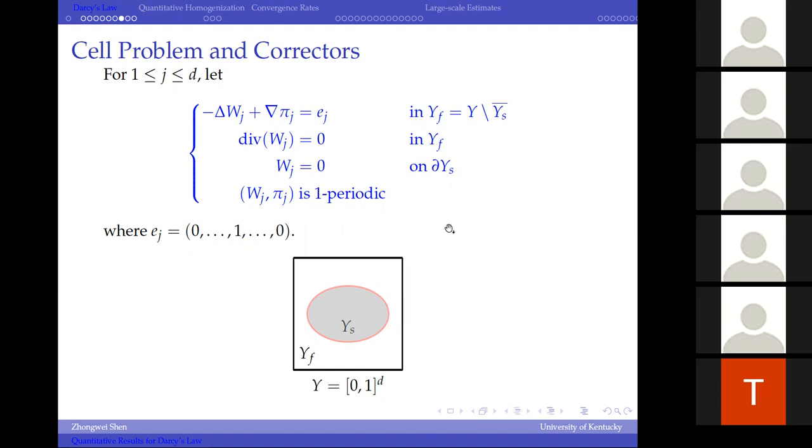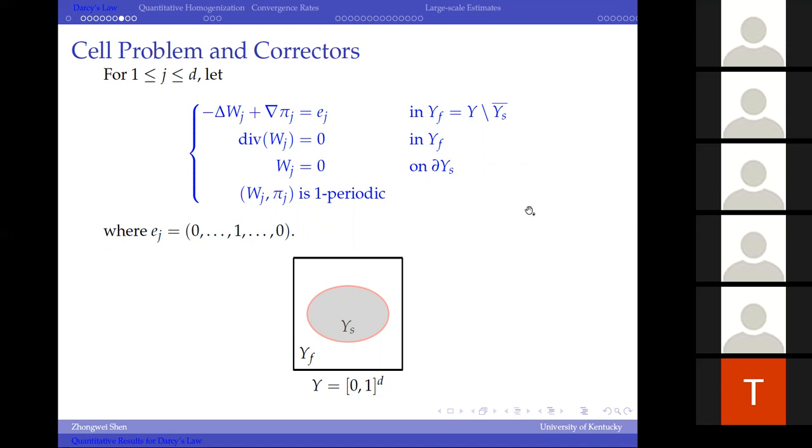You have a unit cell Y, you remove an obstacle, and you solve the Stokes equation with the right-hand side e_j, that is the unit vector, divergence of w_j is 0 in the fluid part, with Dirichlet boundary value on the boundary of the obstacle and periodic boundary condition on the boundary of the cell.